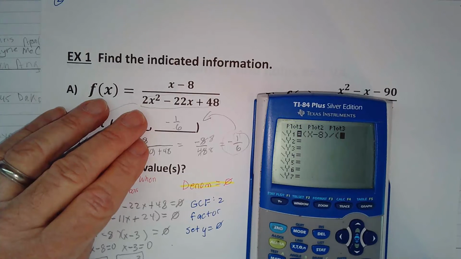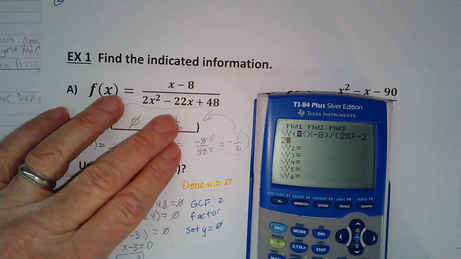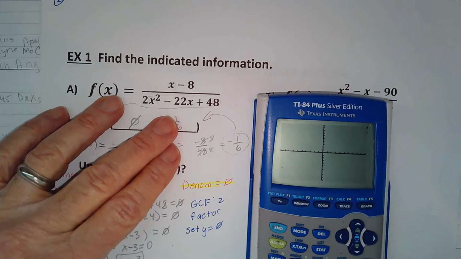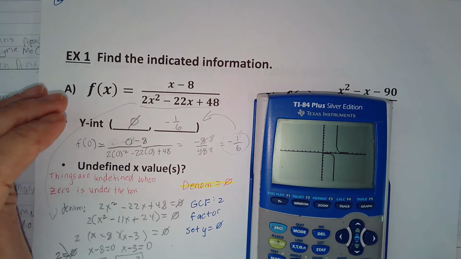Remember, it's easy to make a mistake. 2x squared, minus 22x plus 48. And then we have to close the parentheses. Looks like I did that right. So, graph. And we get this interesting looking graph.